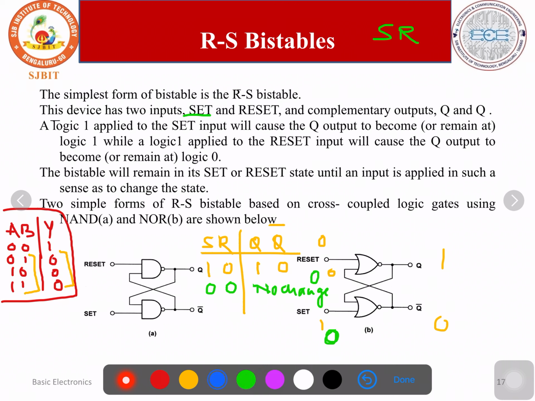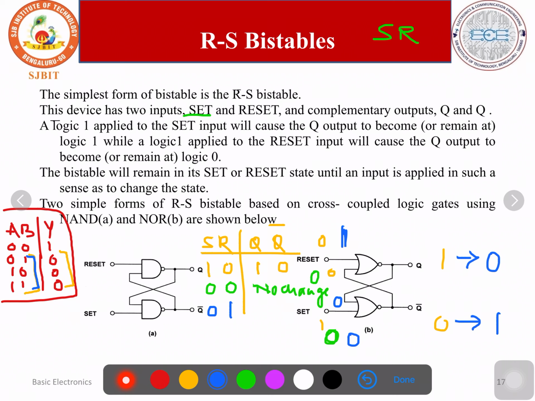Suppose S is equal to 0, R is equal to 1. Concentrate on only blue inputs. If any one of the inputs is 1, the output is 0. So here the input is 1, so this changes to 0. This 0 comes here. 0 plus 0 is 0, 0 complement is 1.